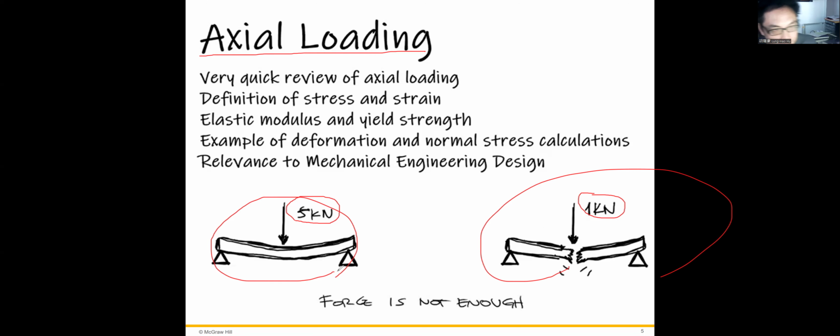Why? In these two scenarios, what reasons could you think of for why the component subject to just 1 kilonewton failed, but the other one with 5 kN is still safe? Why?